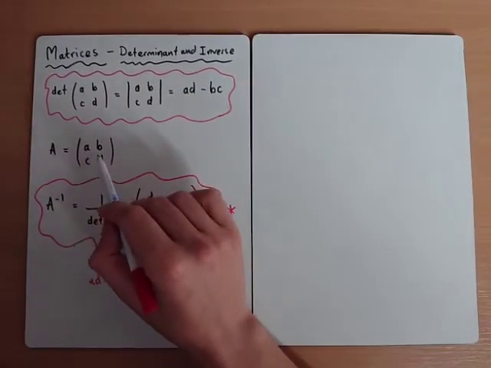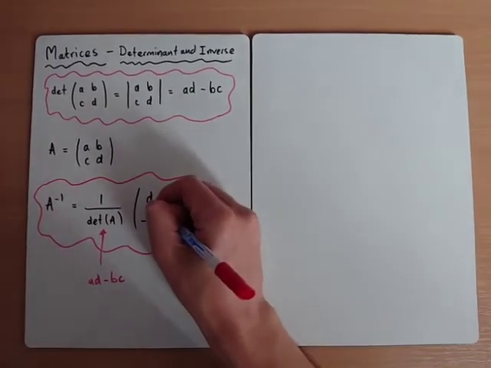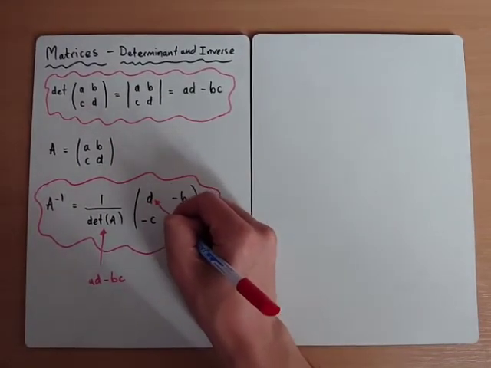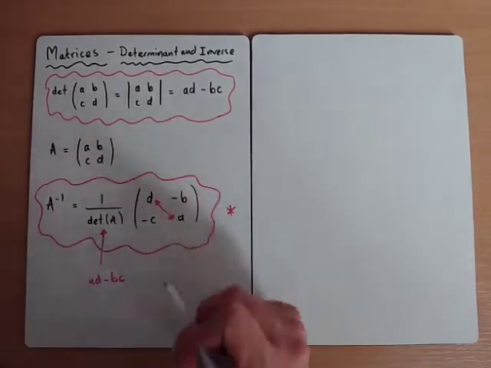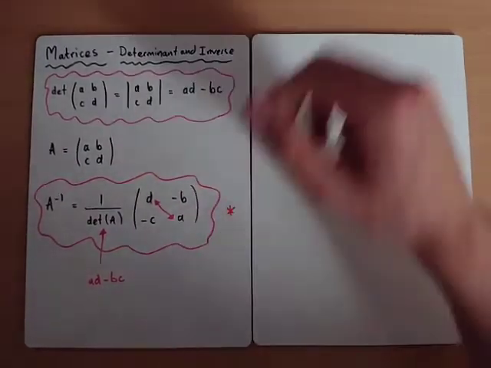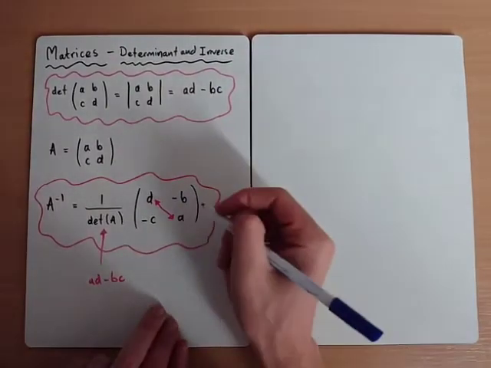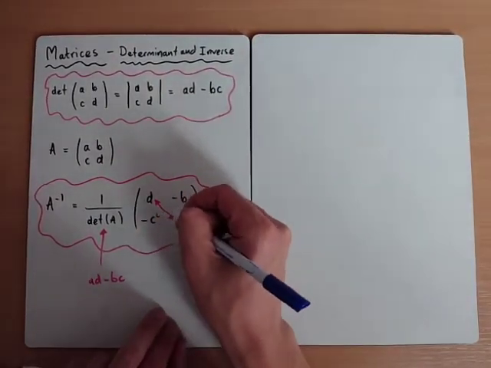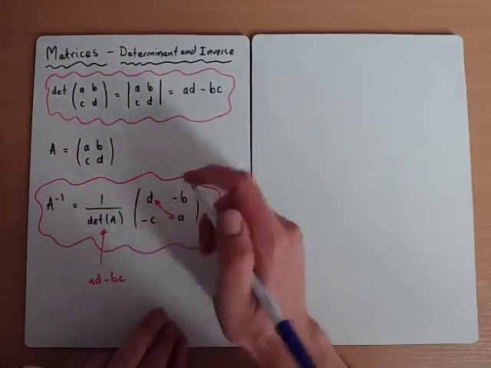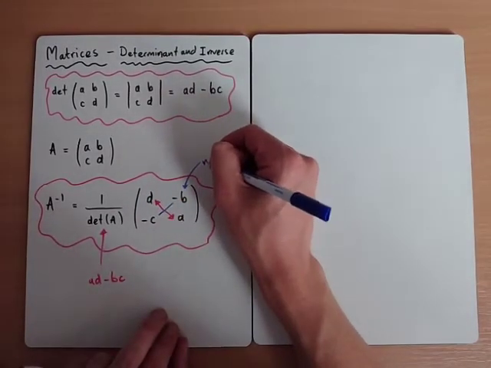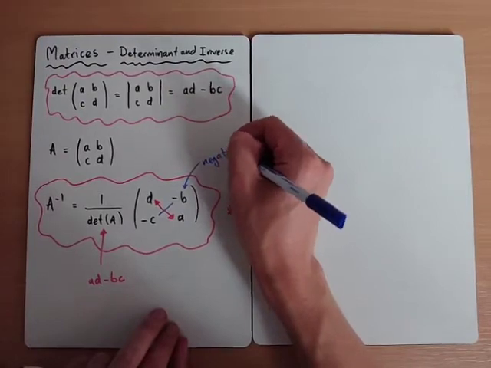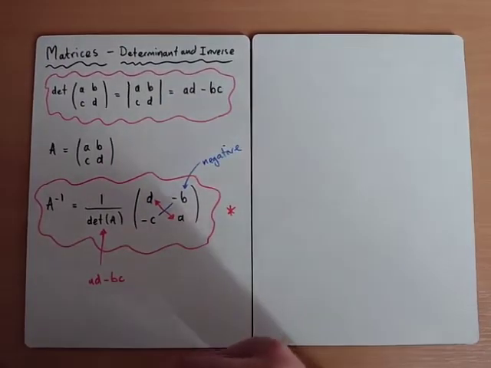The way I think about it is we swap this diagonal, and this diagonal we make negative. I don't want to give it arrows because you might think we're swapping. For that diagonal, we make negative, and for this diagonal, we swap.